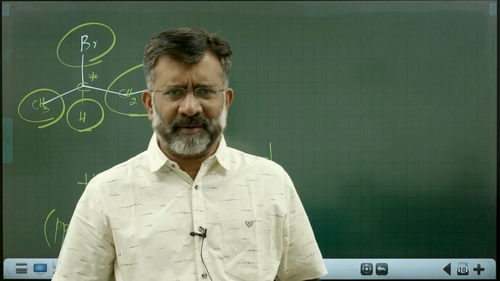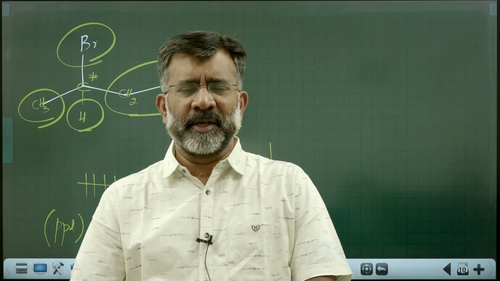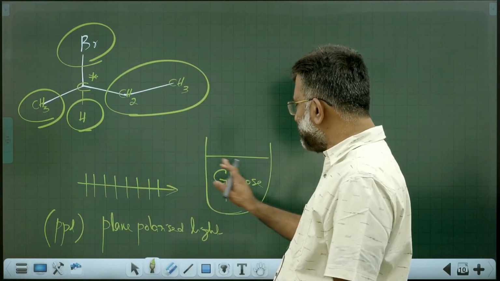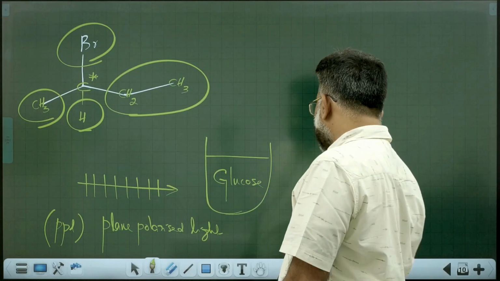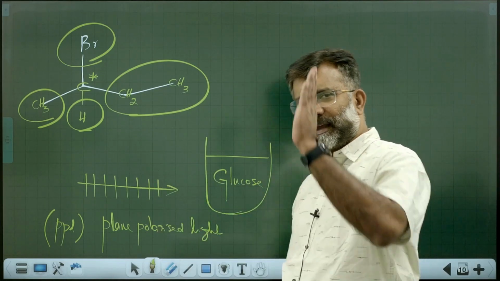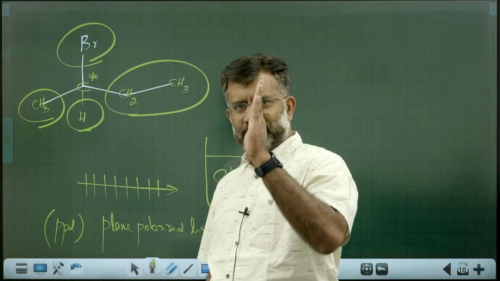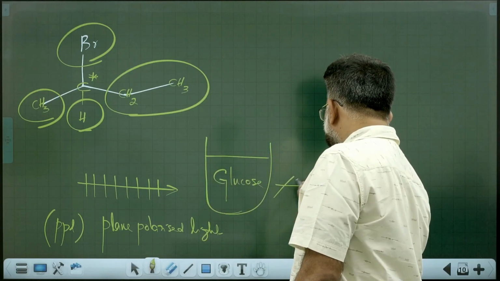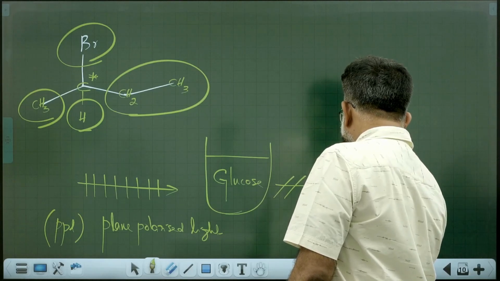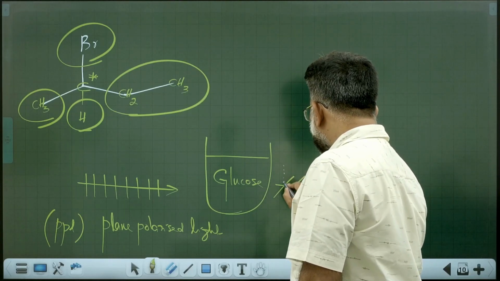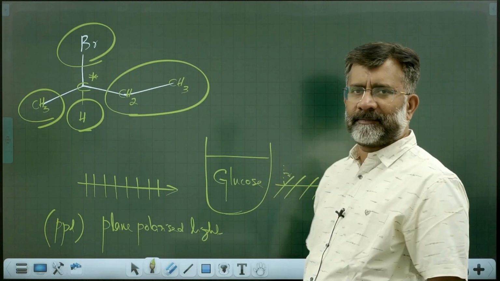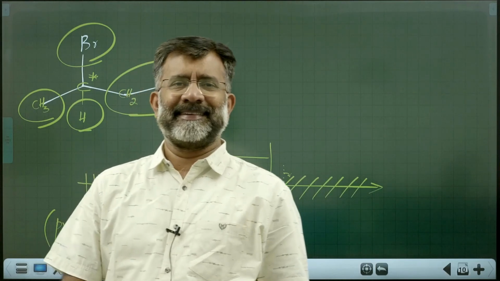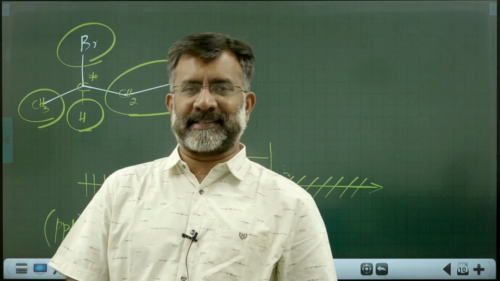By passing normal light through a nickel prism. Now, when plane polarized light passes through glucose solution, the plane of polarization is found to rotate towards the right hand side when the light comes out. The light enters like this and comes out like this. There is a right hand side rotation.